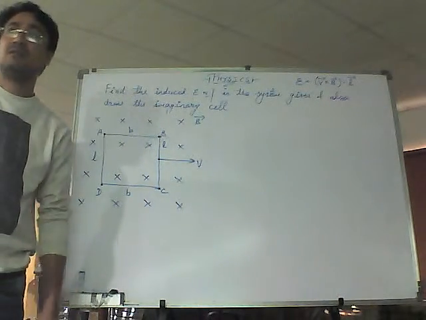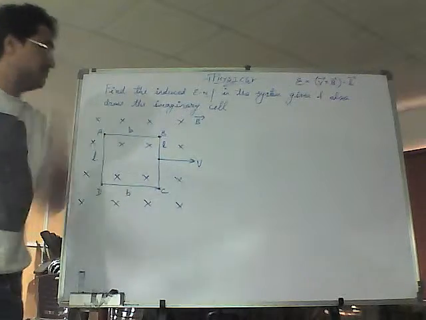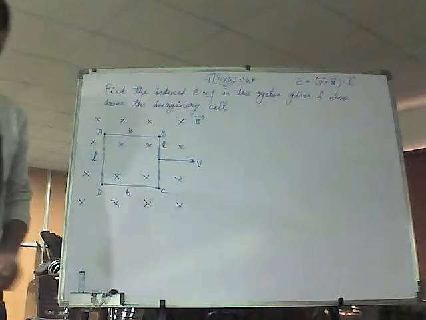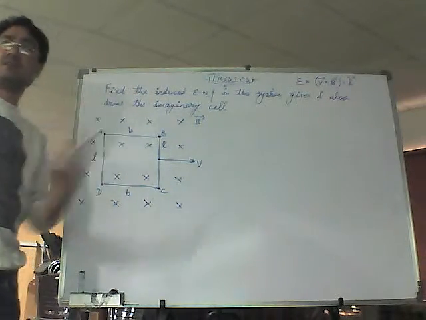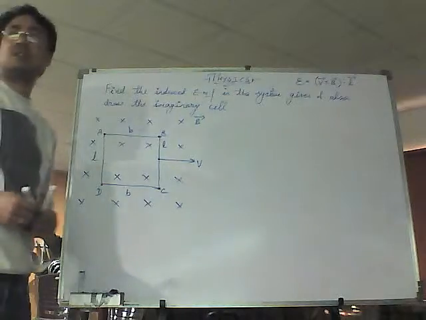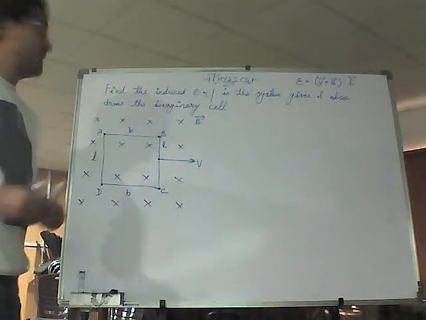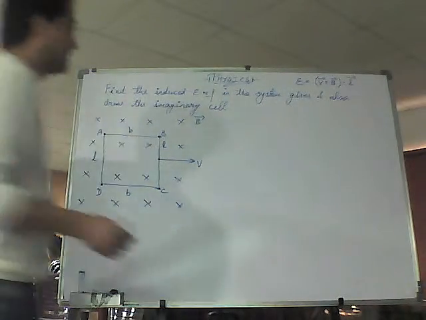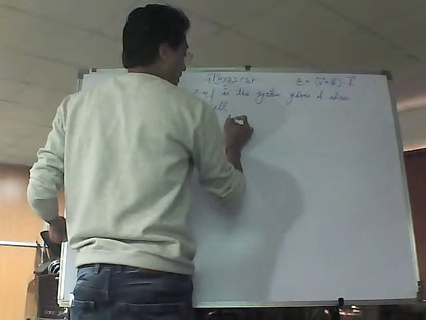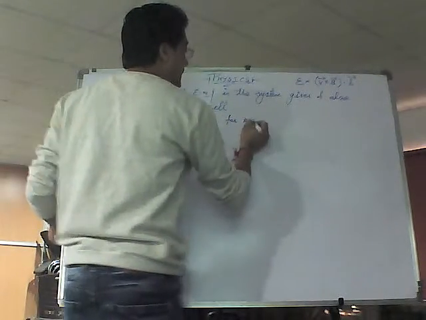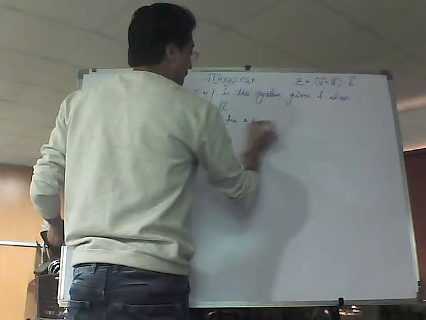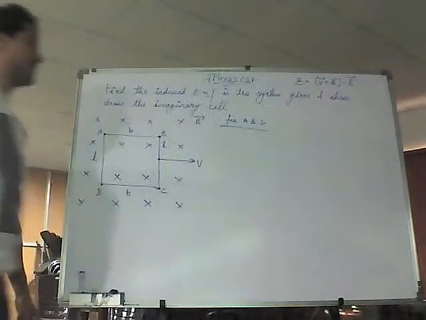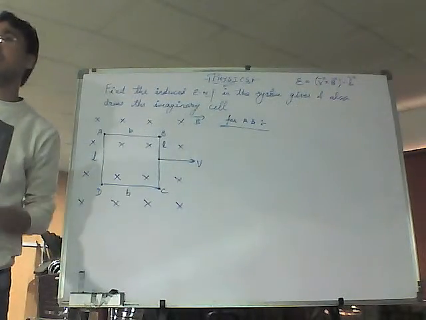ठीक है, तो करने की कोशिश करते हैं. Okay, Aman has come up with the answer. बिल्कुल अमन, चेक कर लेते हैं. Let's take for wire AB, for conductor AB. AB के लिए गौर से देखो.